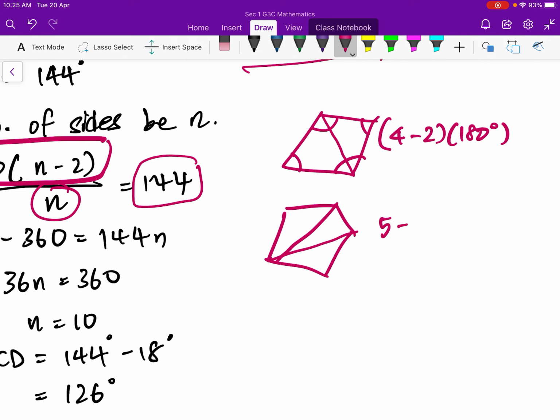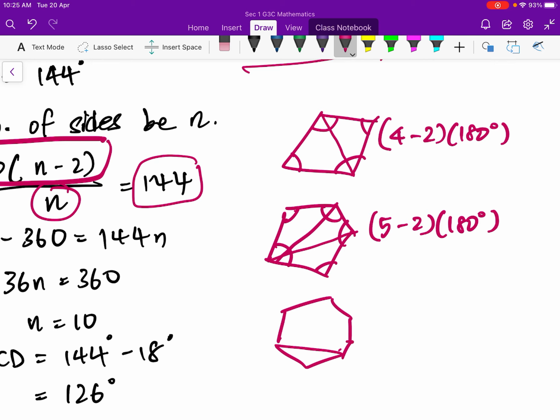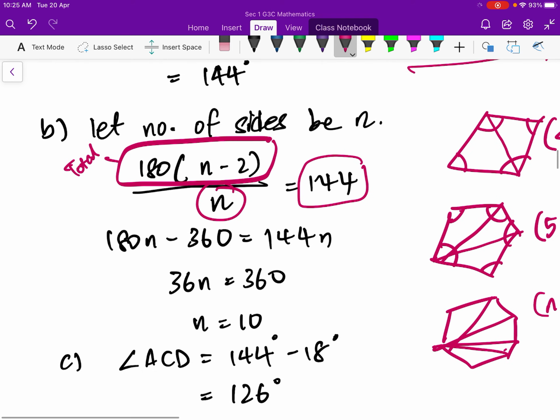So 5 sides minus 2, you get 3 triangles, multiply by 180 degrees. 1, 2, 3 triangles. So if it is n sides, we will be able to get n minus 2 triangles multiplied by 180 degrees. So this is the reason why our formula looks like such.